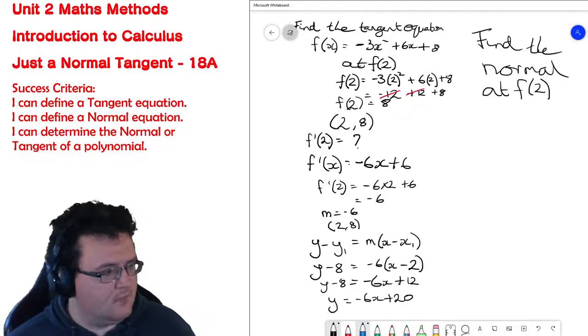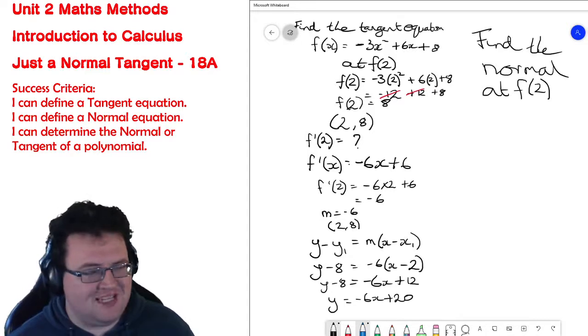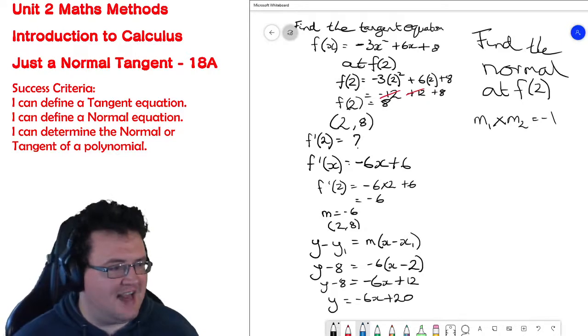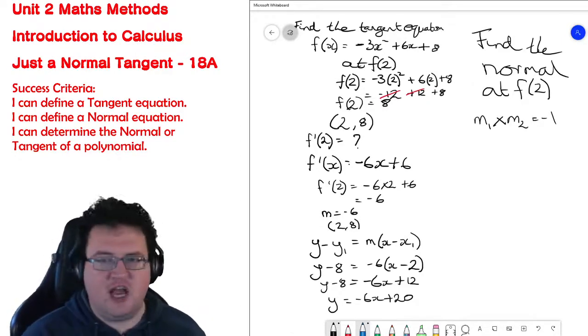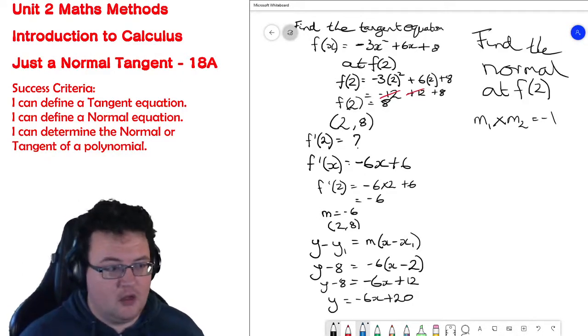So, remember that two lines are perpendicular if the gradient of one equation and the gradient of a second equation are multiplied together and you get minus 1.